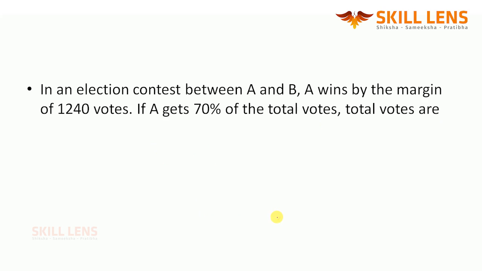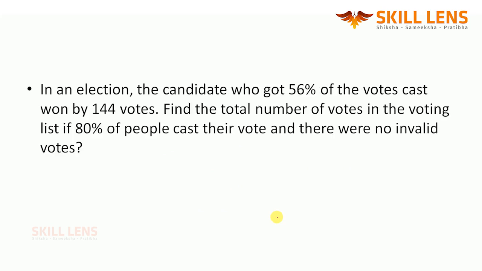Let's do one more variety in elections that will help you to understand the whole concept. So let's see. In an election, a candidate who got 56% of the votes won the election by 144. Find the total number of votes in the voting list if 80% of people cast their vote and there were no invalid votes.